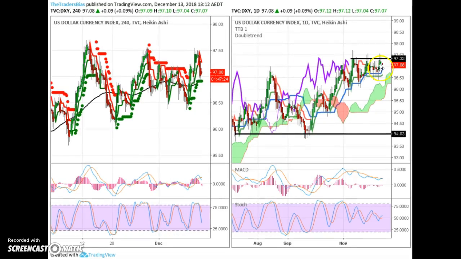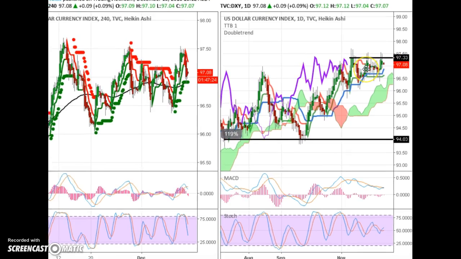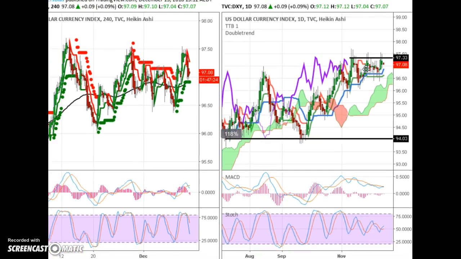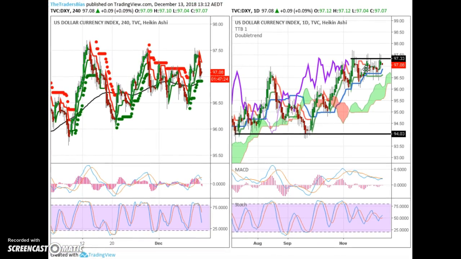The US dollar is in a range here because it's still above the Kijun-sen, but the MACD's crossed down, so it's ranging under this heavy resistance here. So it's going to be interesting to see what it does. I'm anticipating the US dollar to weaken from here, but I just don't want to make any assumptions long term.